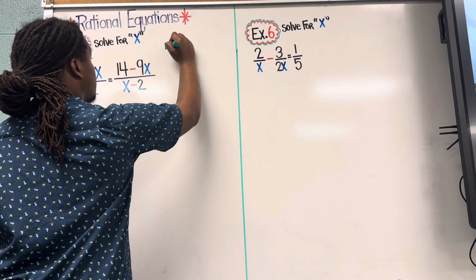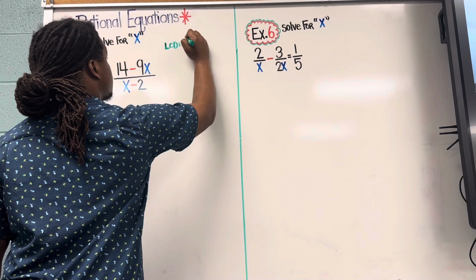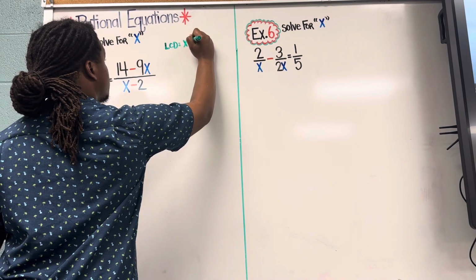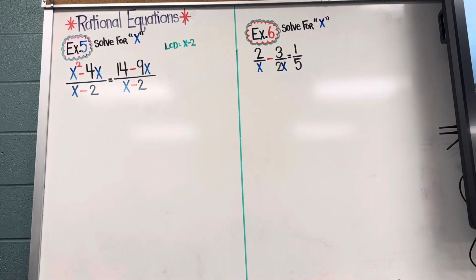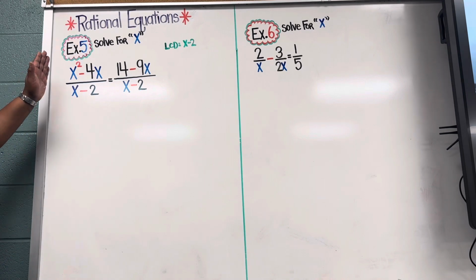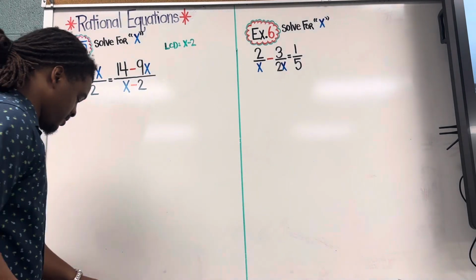So let me go ahead and put that. All right, x minus 2. Now, because this is the LCD, what we're going to have to do is multiply both sides by the LCD. So let's go ahead and start that process.